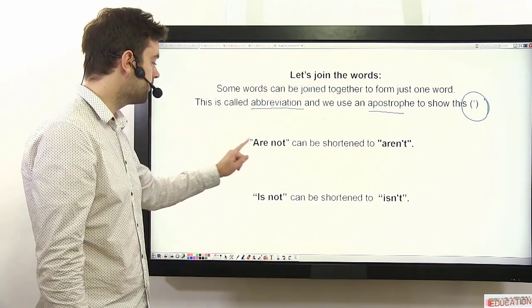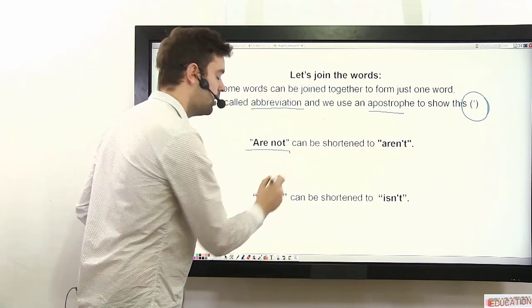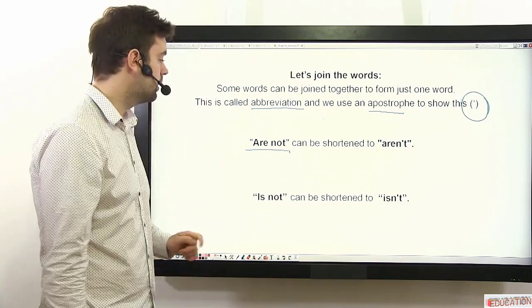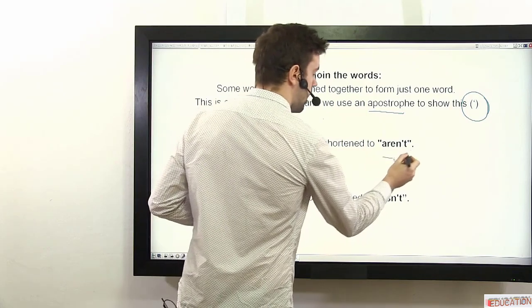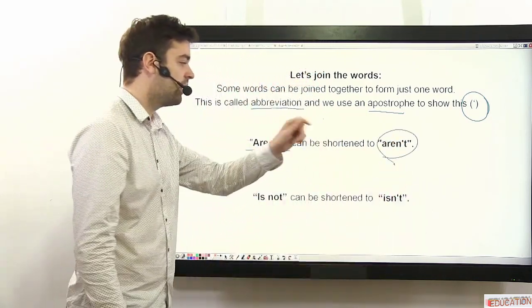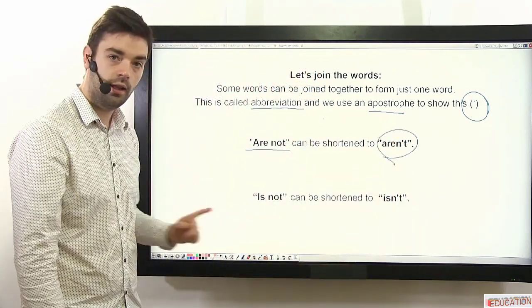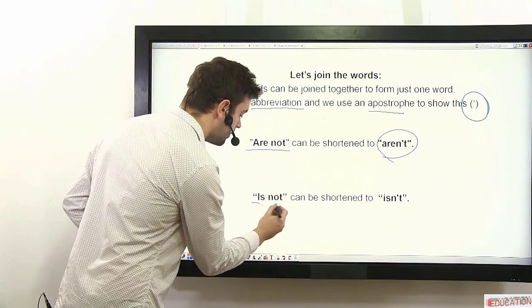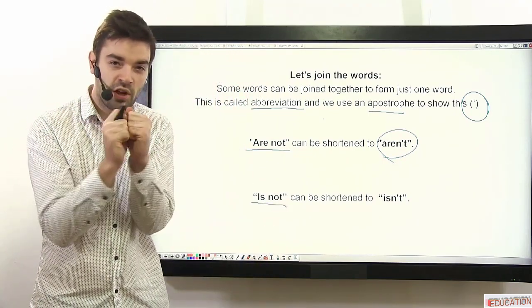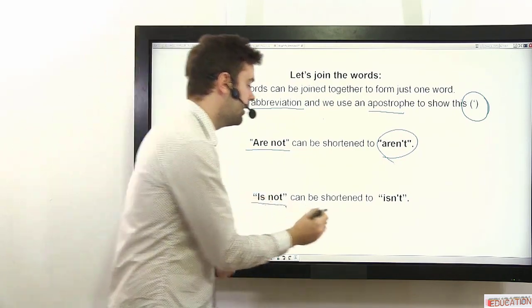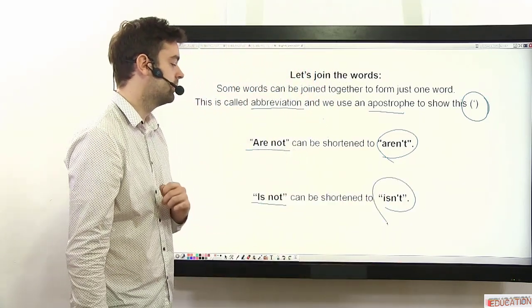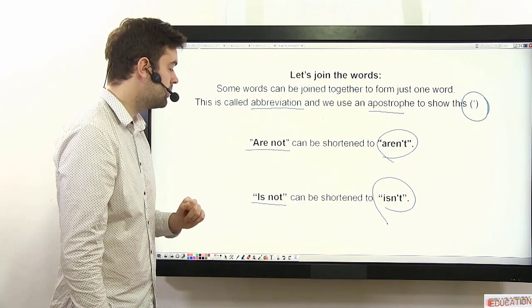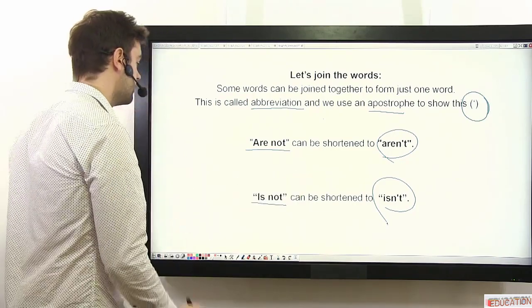For example, are not can be shortened and put together to make aren't. Is not can be shortened and put together to make isn't. Are not, aren't, is not, isn't.